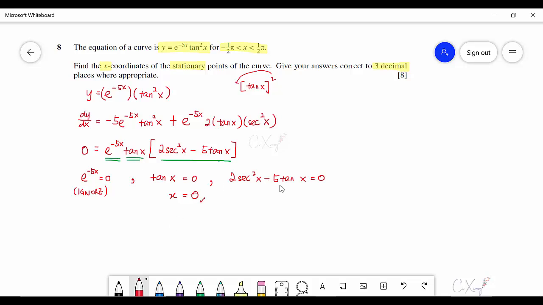After that, for the third part, we need to try to solve it. We have sec²x and we have tan x. There are many ways for you to solve this if you want.